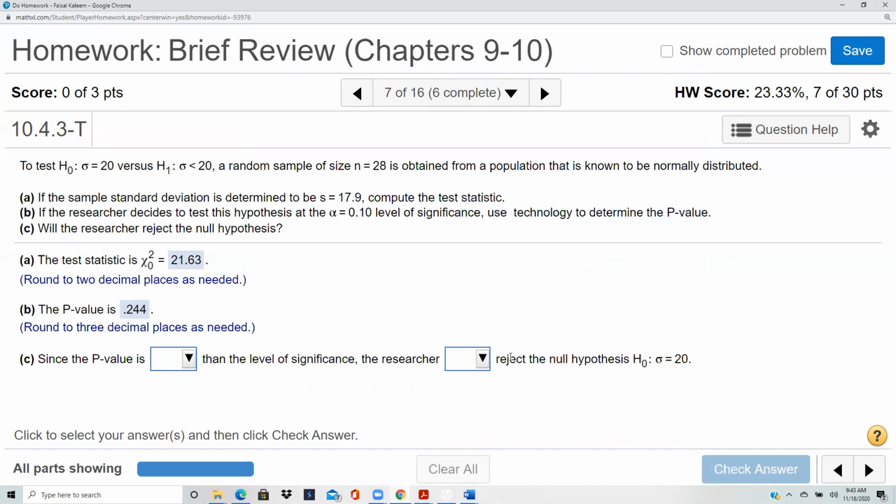So what's the verdict then? When we're comparing it, will we read it as 2.44 or 0.244? We just treat it the way it is, 0.244. Okay. So it would be greater. Right, so P is greater than alpha.